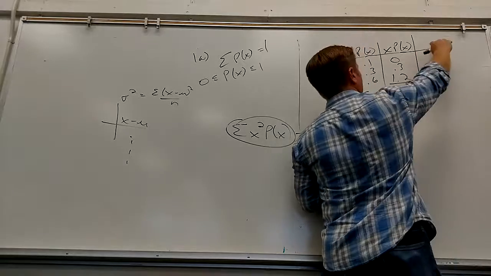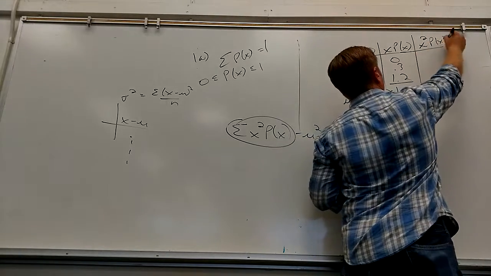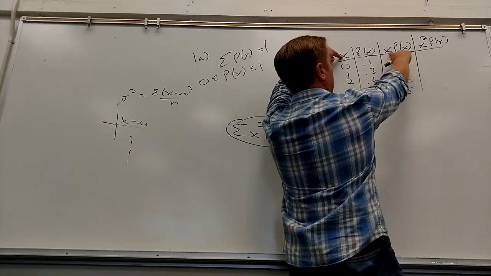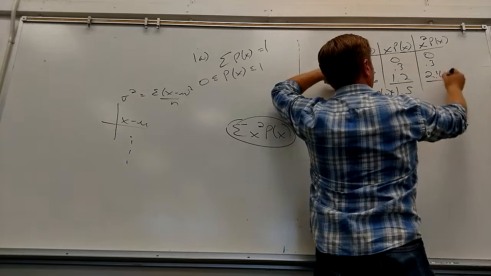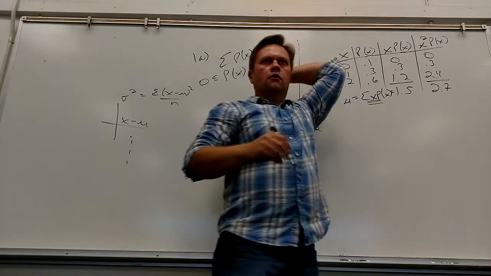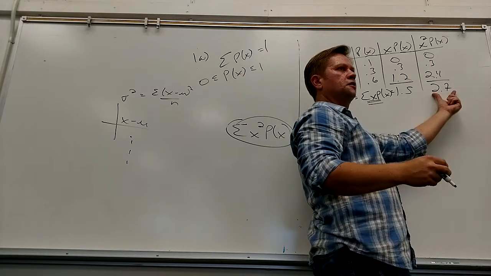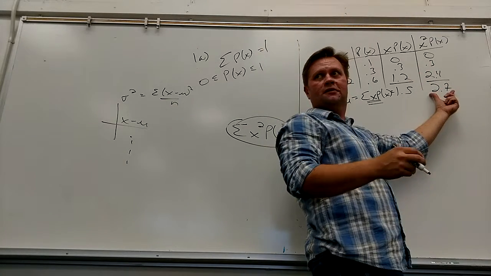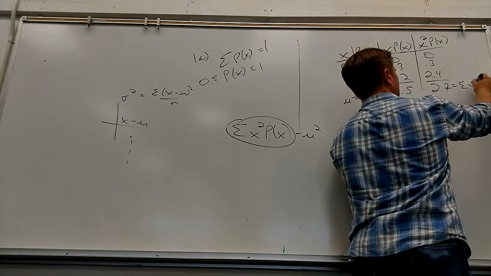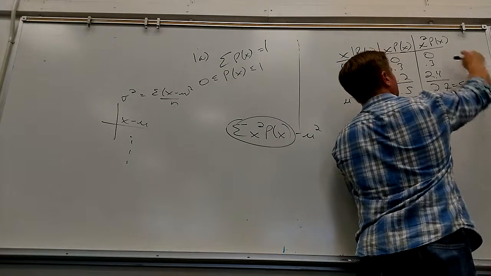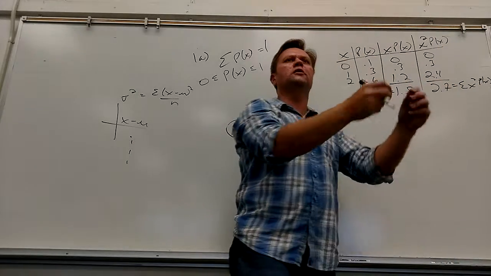And then this column is going to be who? X squared p of x. And I can do that by multiplying these together. Now what is that? What is this? It's part of the variance formula. Specifically, it's the sum of the x squared p of x, right? That's what the column is.